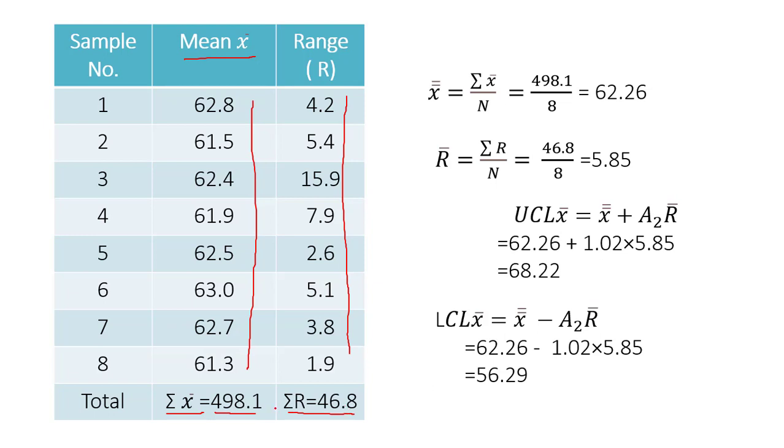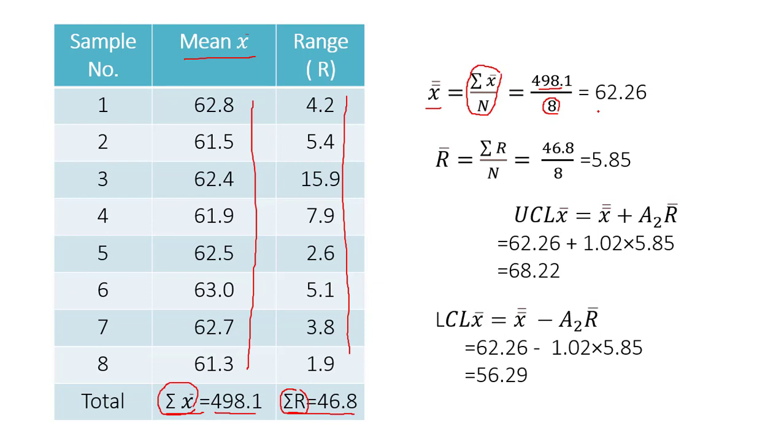Based on these two values of sigma X bar and sigma R, we will find X double bar, that is the average value of all these 8 mean values. So the equation will be sigma X bar divided by capital N, that is 8. 8 is the number of samples, and sigma X bar we have calculated.